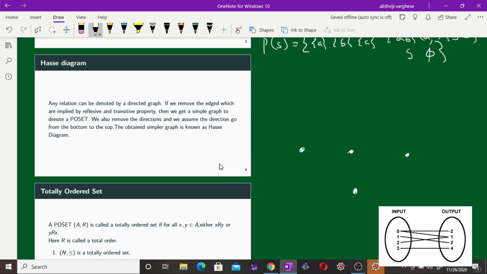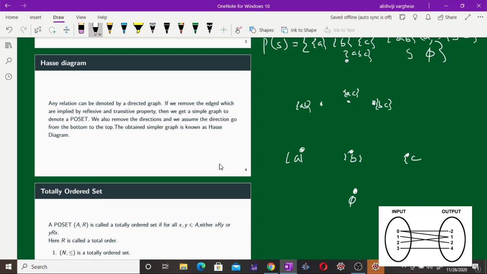Here is the null set, then A, B, C, then this is the set AB, then set BC, and set AC, you can put somewhere in the middle here, then the total set ABC or S itself.